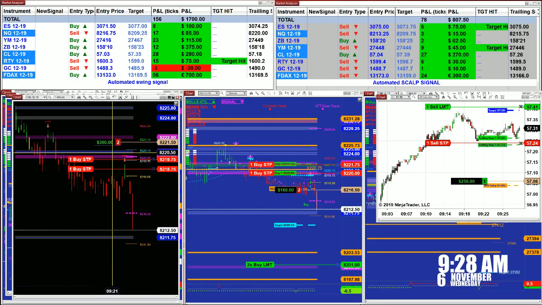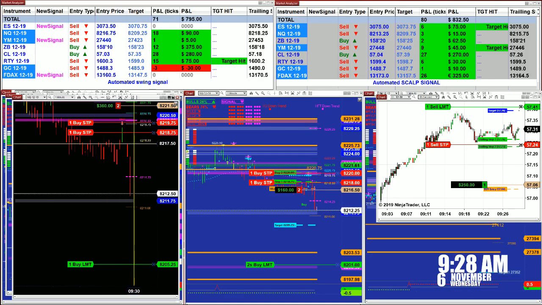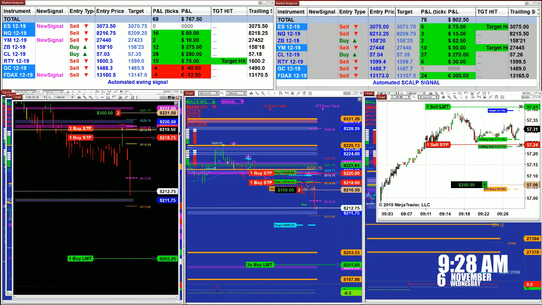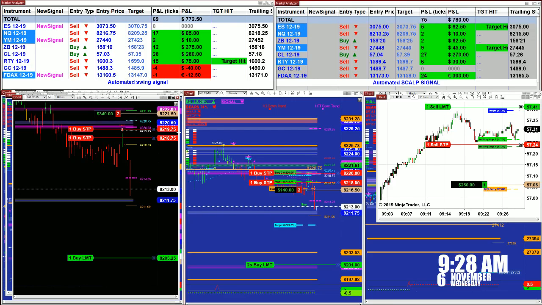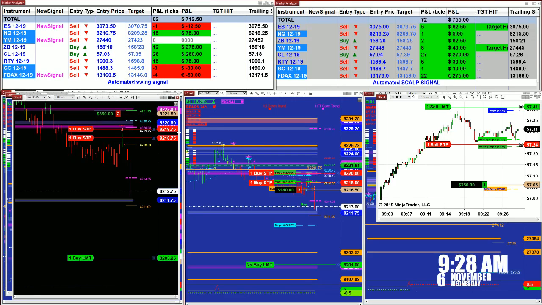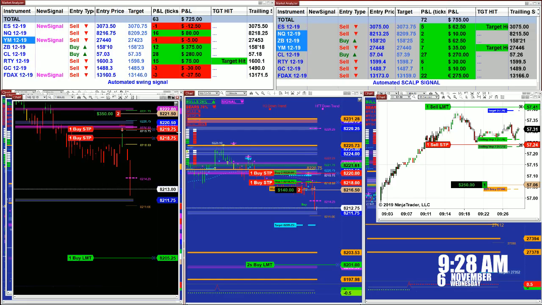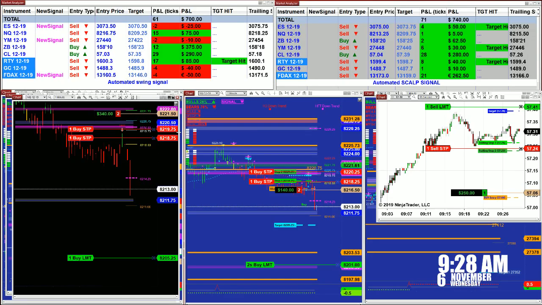But the way we have planned those trailing stops, that's why I like to use the manual ATM, not a dummy trailing stop.